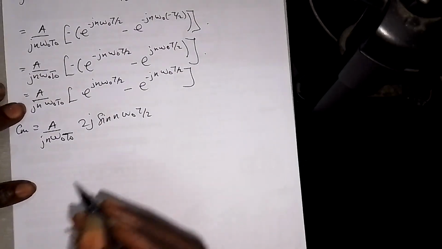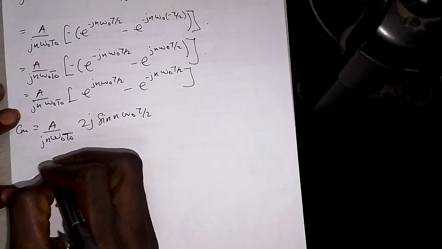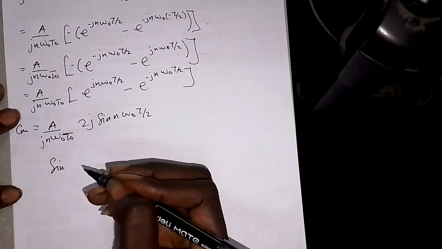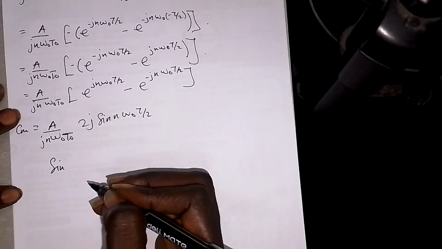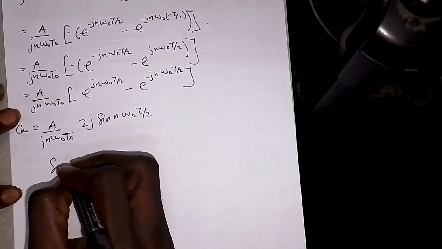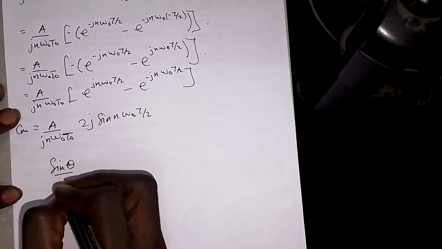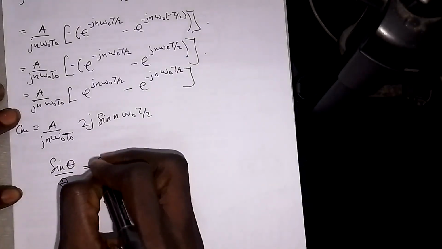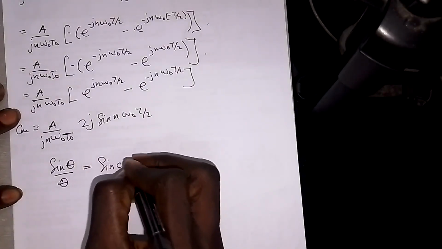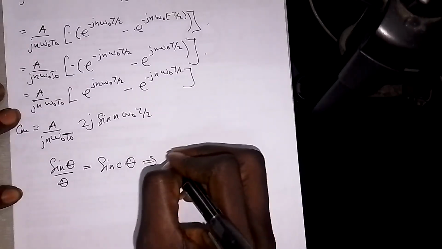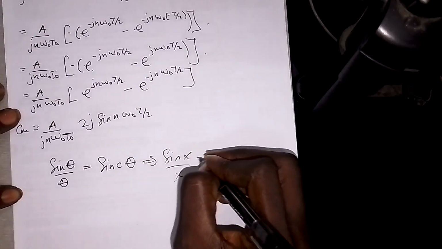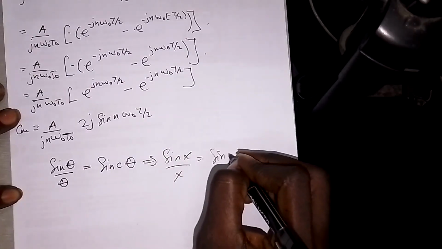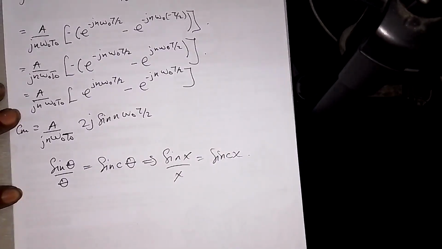Basically, when we say sinc, in trig, it is sine theta over theta, which is equal to sinc theta. Or let's say sine x over x is equal to sinc x.